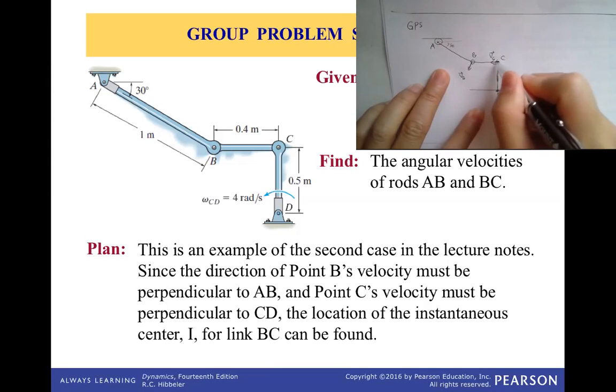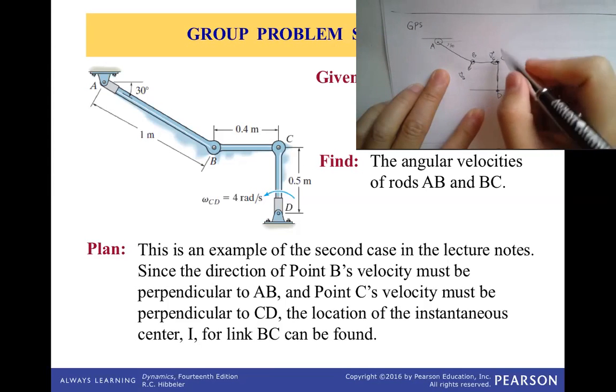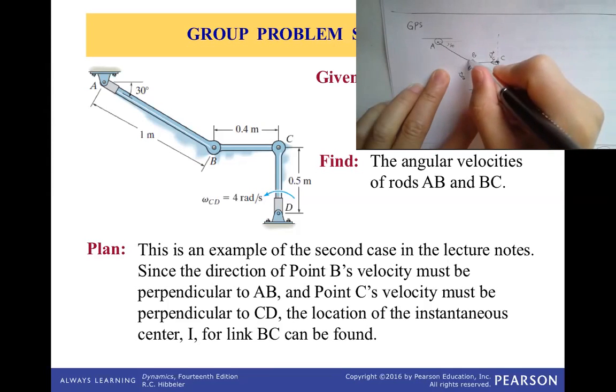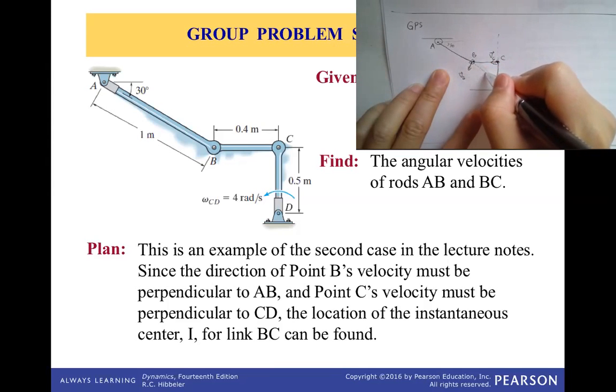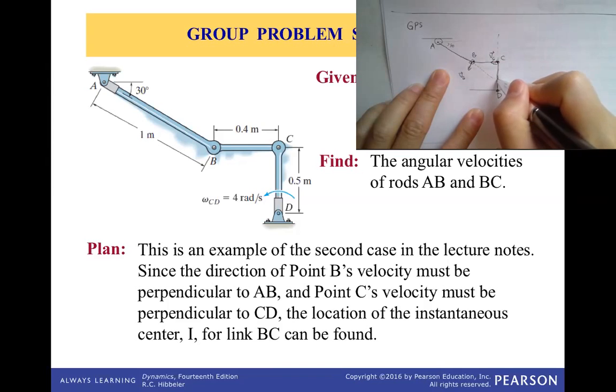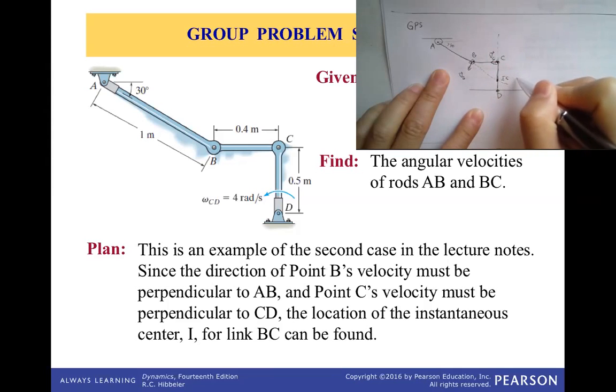So for the rod BC, you can find its instantaneous center of zero velocity by drawing a line going through C but perpendicular to VC, okay? And then also, this is perpendicular to that, so then it should be somewhere here. So this should be the IC for rod BC, okay?